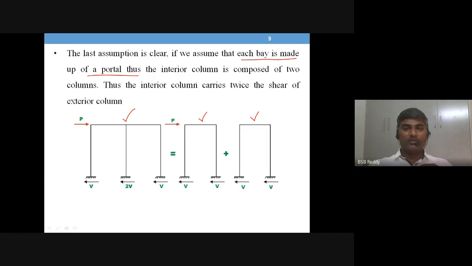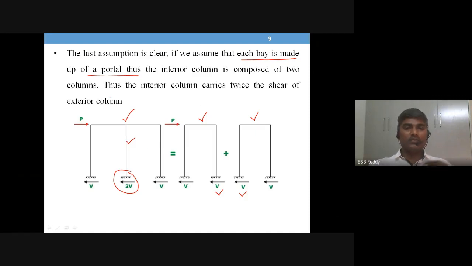The interior column is composed of 2 columns. You can see this part of the structure is made up twice, 2 times. That is the basis for the assumption. The interior column is not just a single column; it is a combination of 2 columns when it is in a frame.